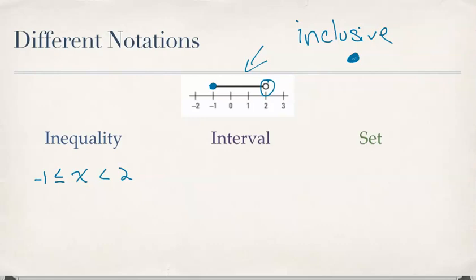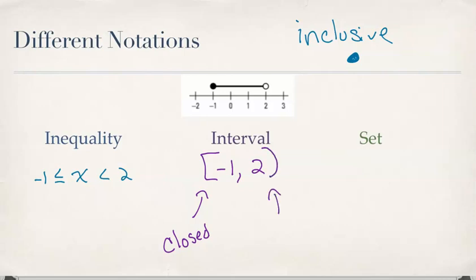If I wanted to write that in interval notation, this is my favorite notation. I'm still going from -1 to 2. I represent an inclusive endpoint, a closed dot, with a square bracket. So this means closed. And I represent an open dot with an open parenthesis.